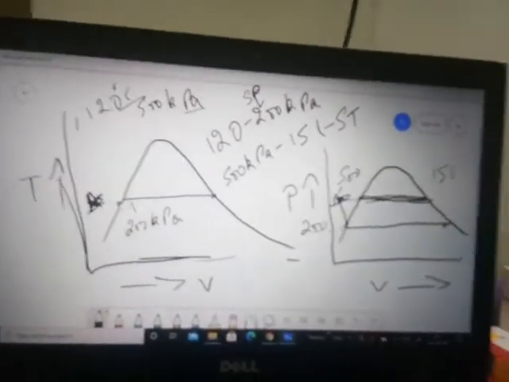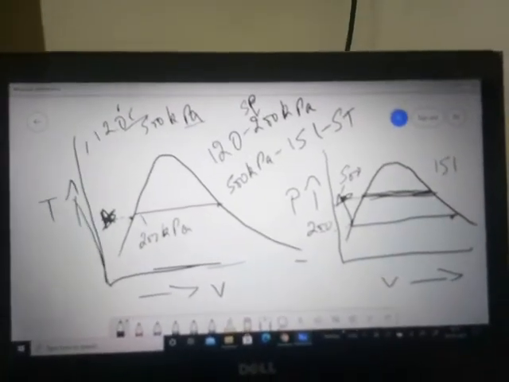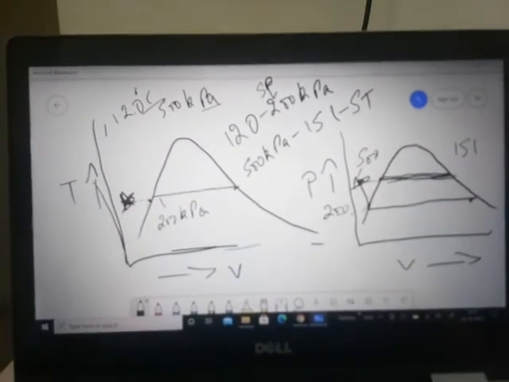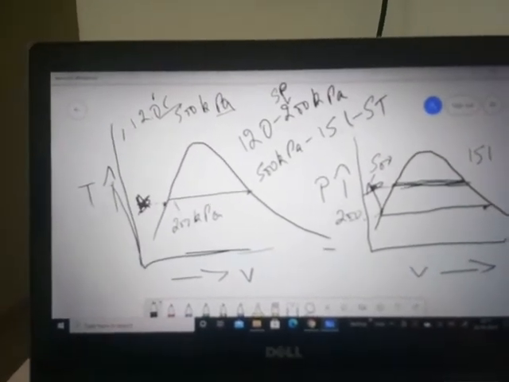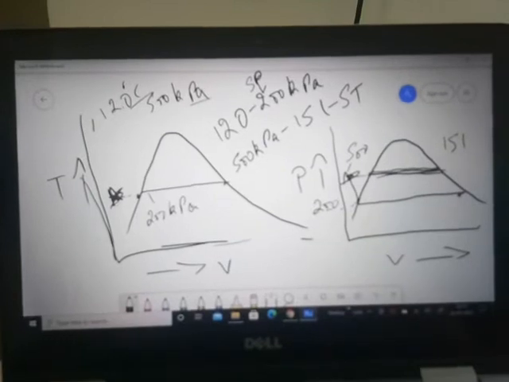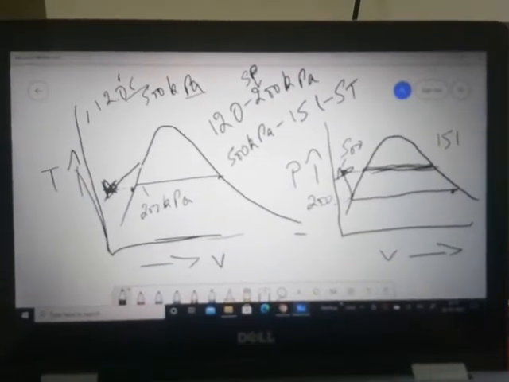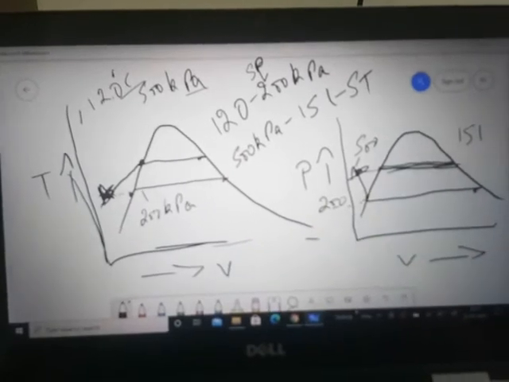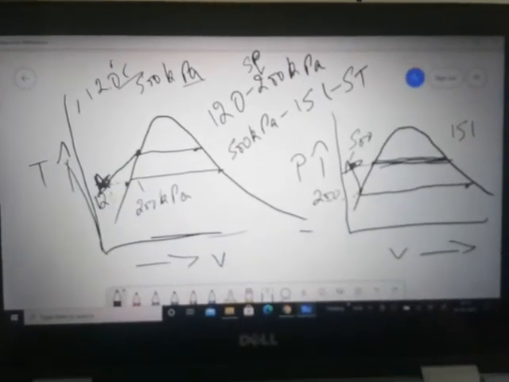So I'm at a much higher pressure, so I'm here. Then how do I transition? For 500 kilopascal, I should see what is the temperature, 151 degrees. So I have to go from 120 to 151, reach this point, then go like this. So this is where we are at 120.